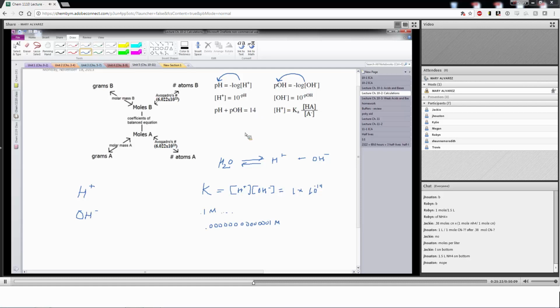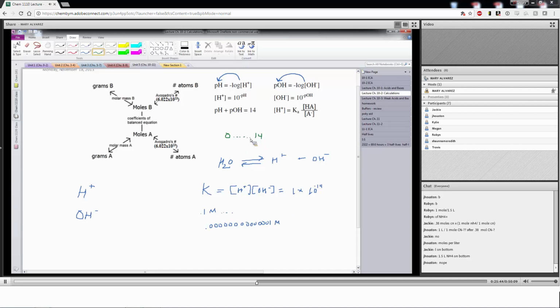And on a normal range for acids and bases, that normal range runs from 0 up to 14, because the concentration ranges from 1 to 1 times 10 to the negative 14th. That's where this comes from.